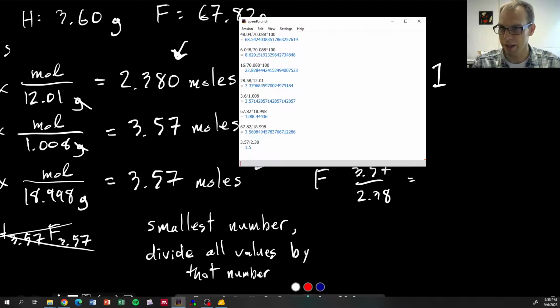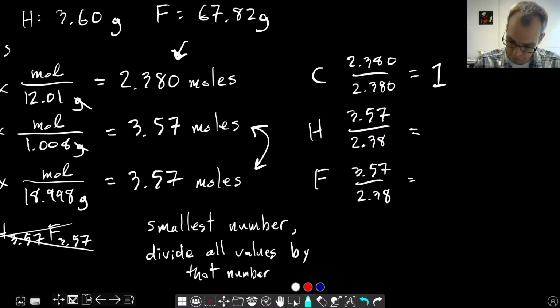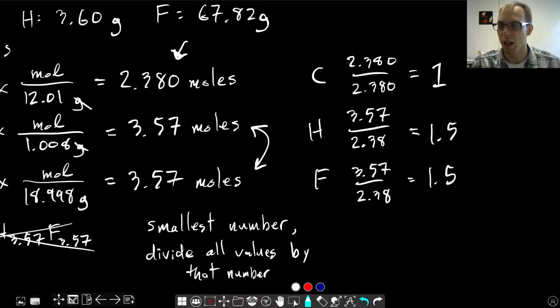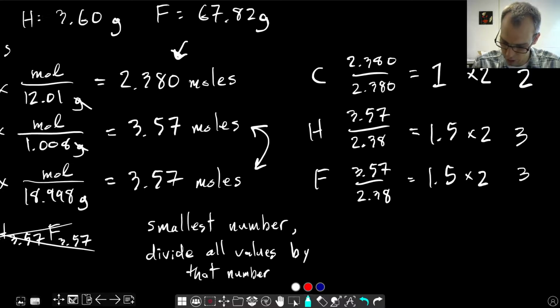So we don't get exactly a whole number, but we get something that's a multiple of a whole number. So if we want this to be a whole number, 1.5, and we can only do this by multiplying or dividing. In this case, we'll need to multiply. So if we multiply everything by 2, those halves will go away, and we'll get 2, 3, and 3.